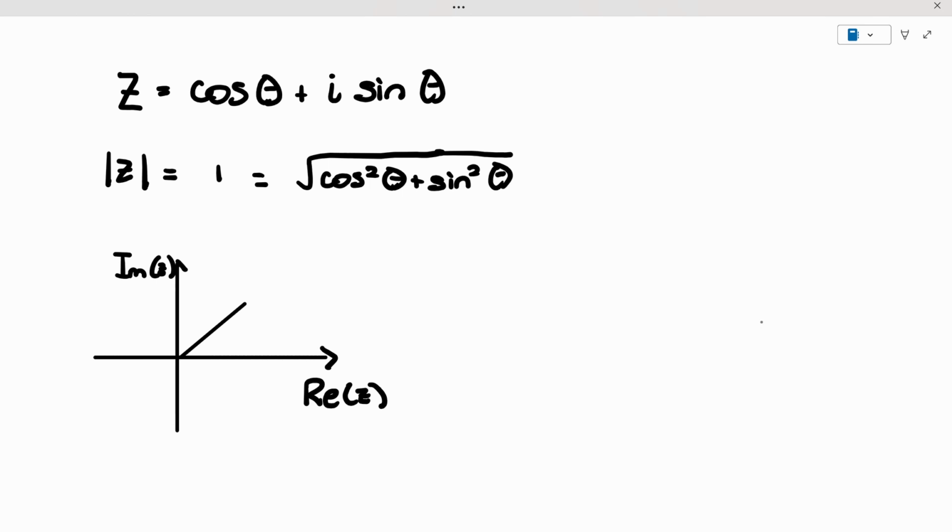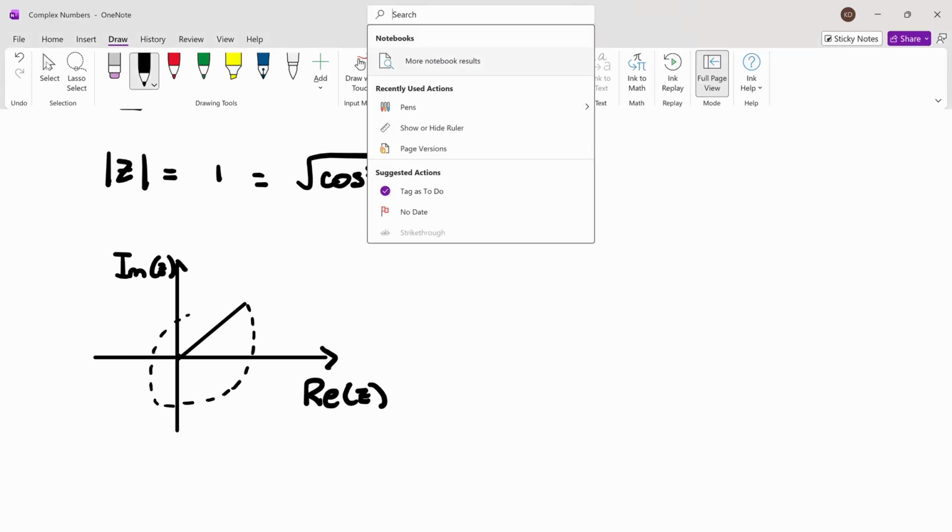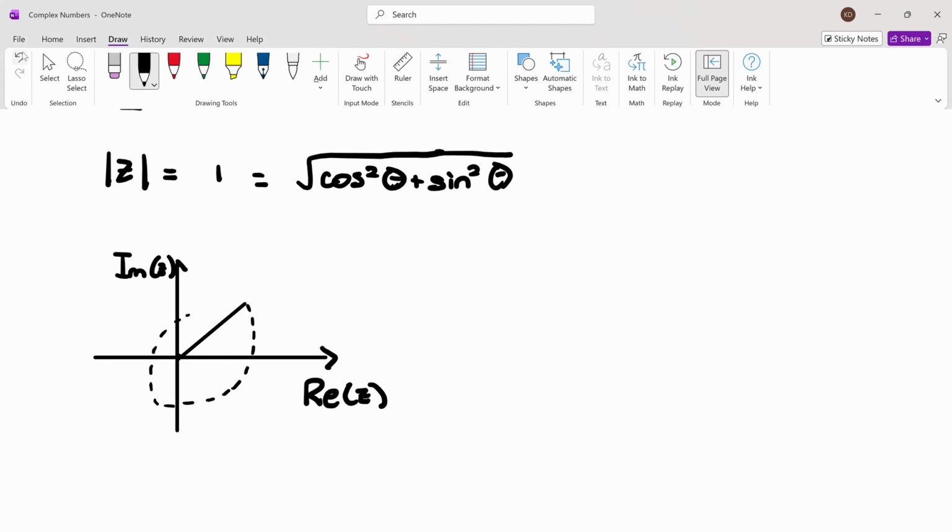So if we look at the center over here, could we trace out a path of all the points that have a length of 1? And the answer is yes.